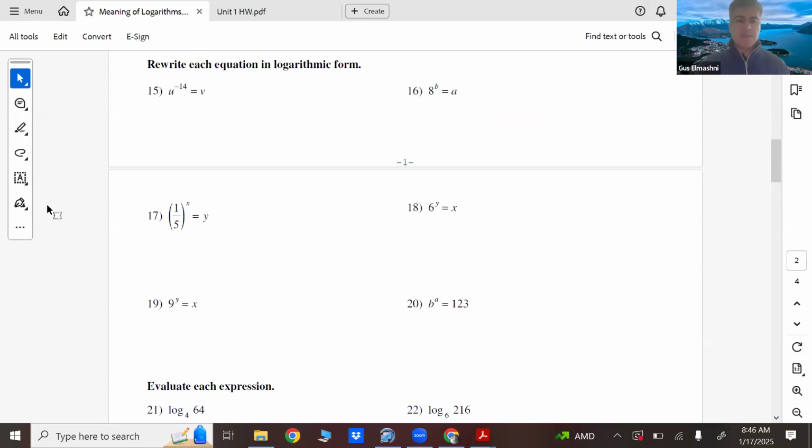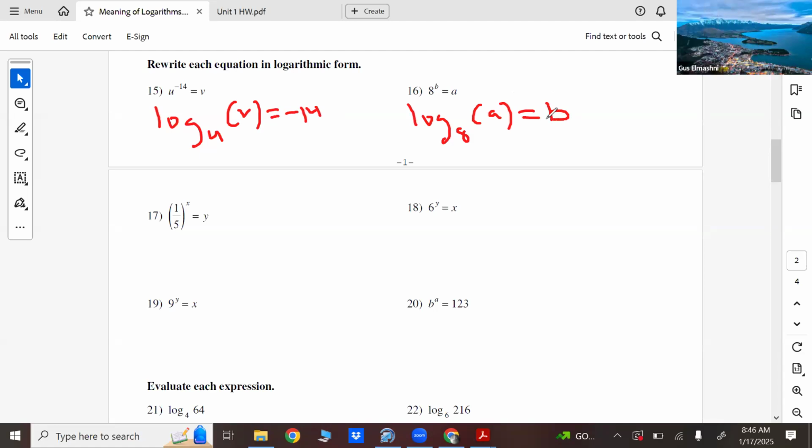All right. So what's your base here? U. And a negative 14 and V switch. Same thing here. Log base 8 of A. Because what you're doing is you're telling yourself, well, this raised to that power.